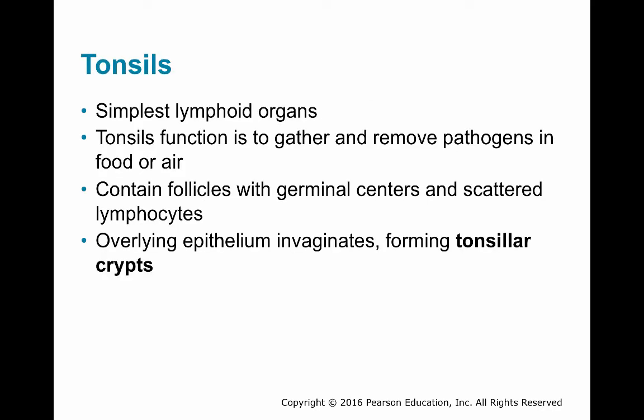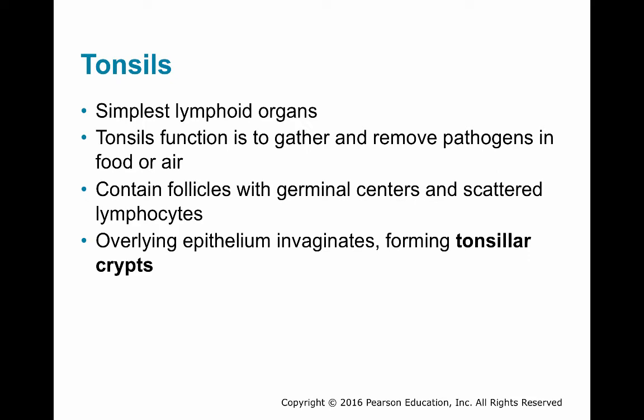So the tonsils are basically the simplest lymph node organ. The tonsils' function is to gather and remove pathogens that are in the food or the air. They contain follicles that actually have germinal centers and scattered lymphocytes. The tonsils form a ring of lymphatic tissue around the pharynx, and so they appear as swellings of mucosa.